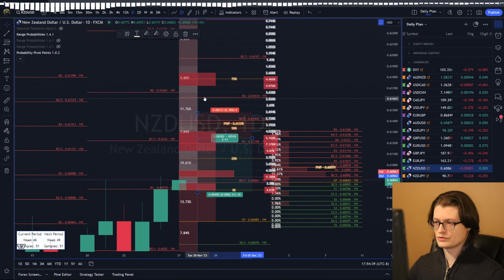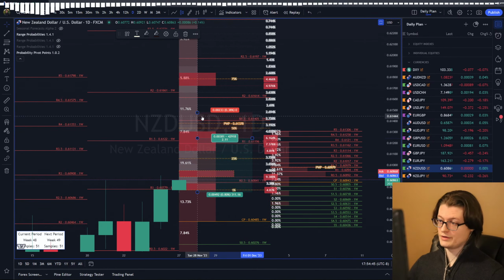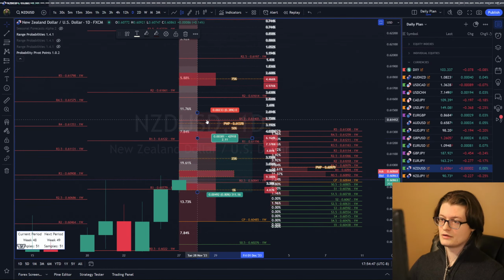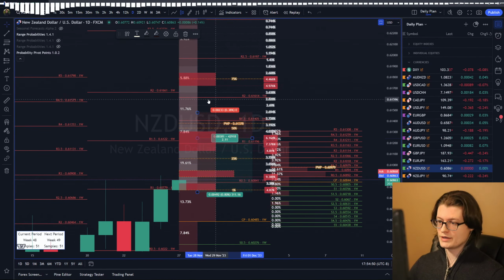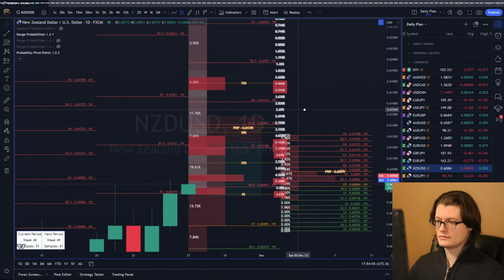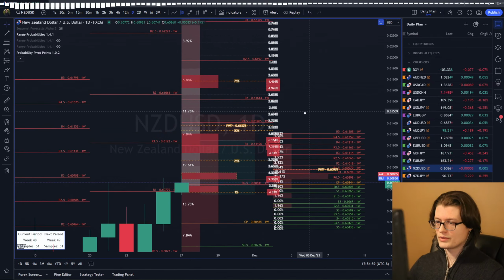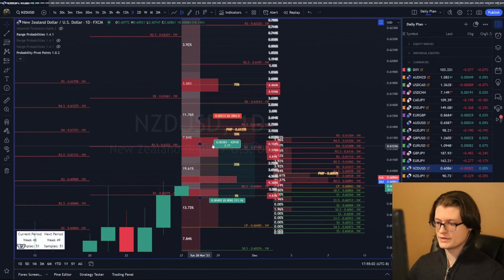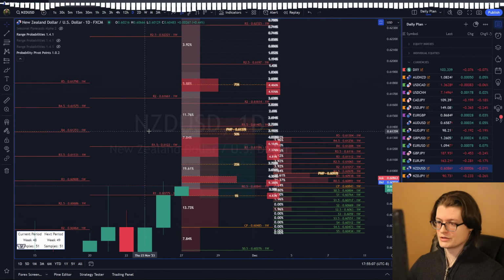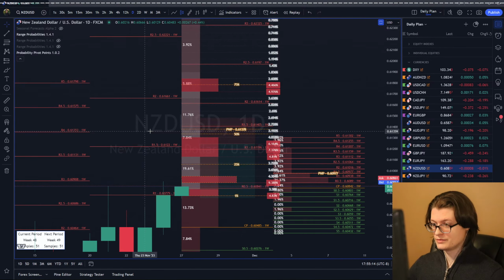You're putting it in a trough where there's a very low probability of getting your top for a given week in this zone right here. I'd probably be more open to taking that particular shot if I wasn't so bearish on the US dollar, and if all the expectations in the research for the US dollar weren't so bearish.